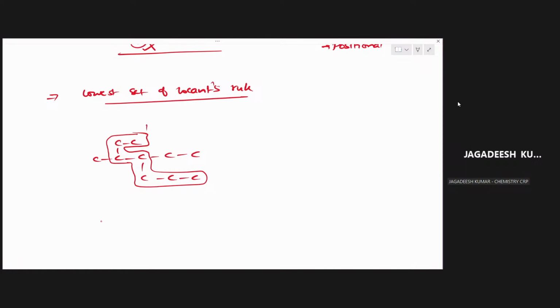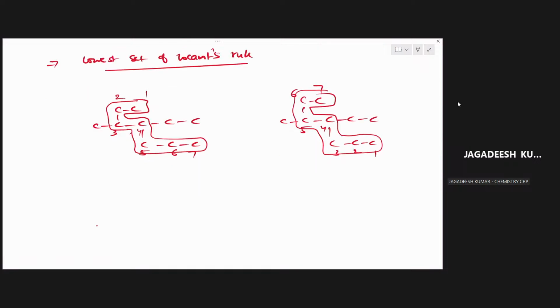So here I am taking 1, 2, 3, 4, 5, 6, 7. And one more possibility also here I will draw again. This is the longest chain, same structure. Now I'm giving the numbering in reverse also, 1, 2, 3, 4, 5, 6, 7. Both have 7 carbons, which is the longest chain.